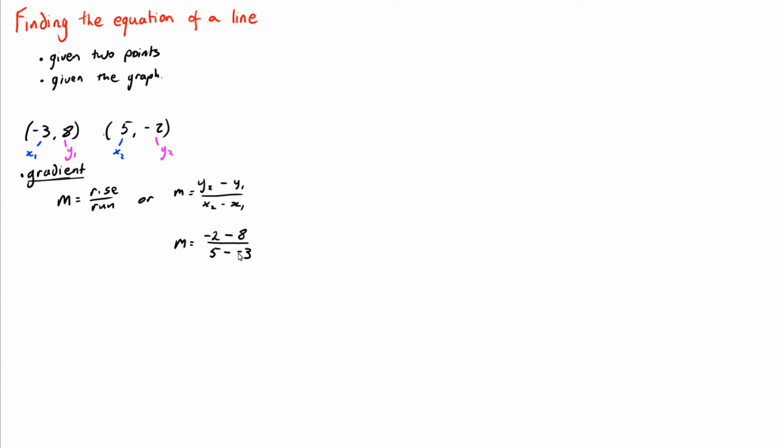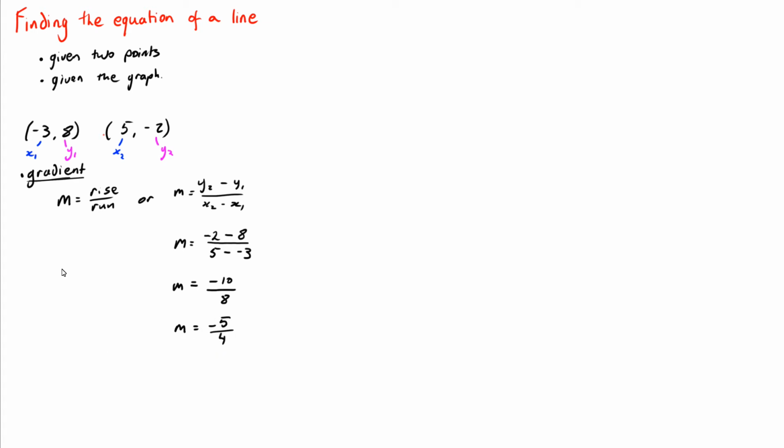Make sure you include the subtracting -3, because this is a negative number. On the top, -2 take 8 is -10. 5 take -3, remember, 2 negatives make a positive, so it would be 5 plus 3, so it would be +8. Now you could leave it as -10 on 8, but we always want to simplify our fractions when possible. So this actually becomes -5 on 4.